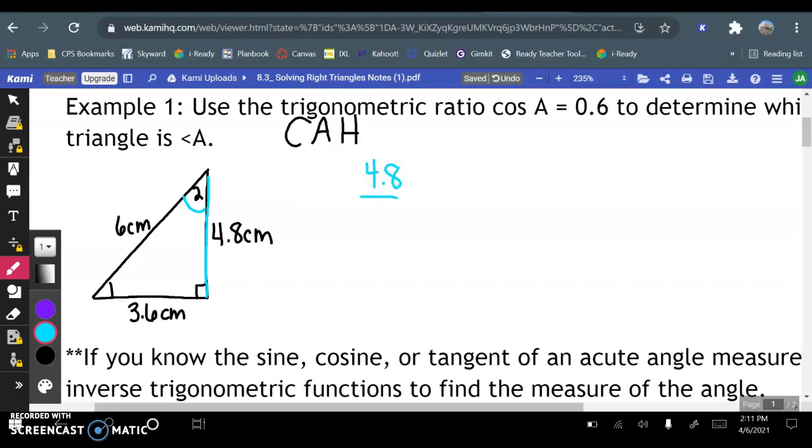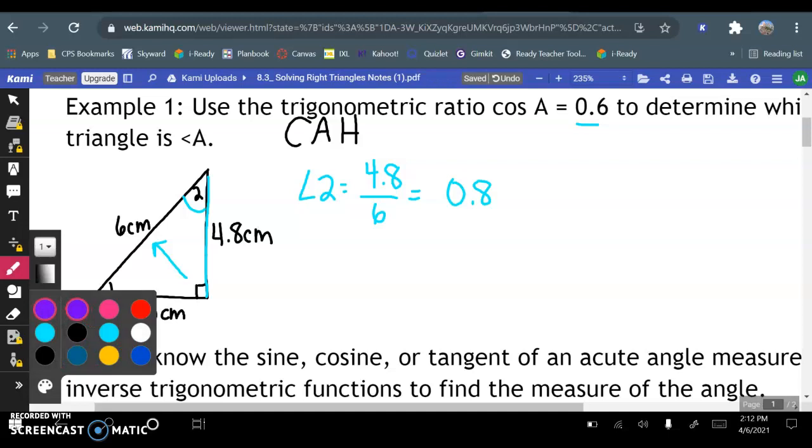And then over the hypotenuse, the longest side across from the 90-degree angle, which in this case is 6. I test that out for angle 2: 4.8 divided by 6, and I get 0.8. I'm looking for when I get 0.6.